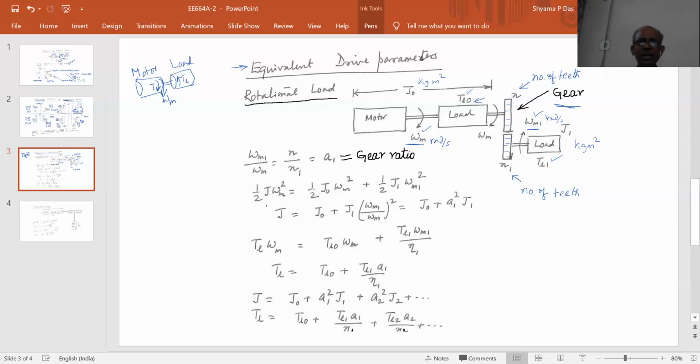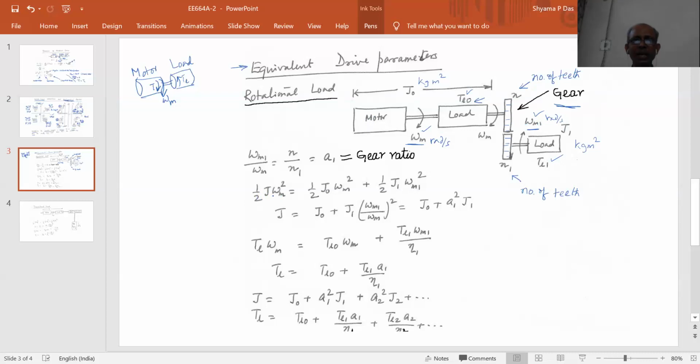The equivalent inertia, let's say J. When we try to find the equivalent inertia, we have to equate the total kinetic energy. The total kinetic energy of the system is half J omega m square, where J is the moment of inertia and omega m is the angular speed.